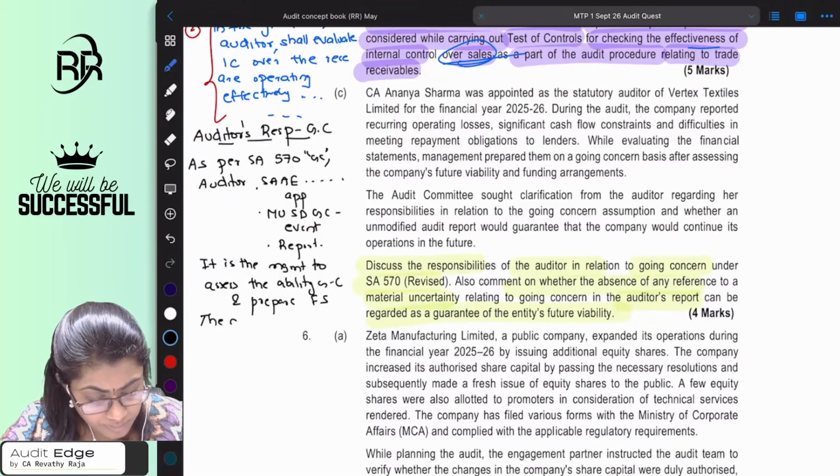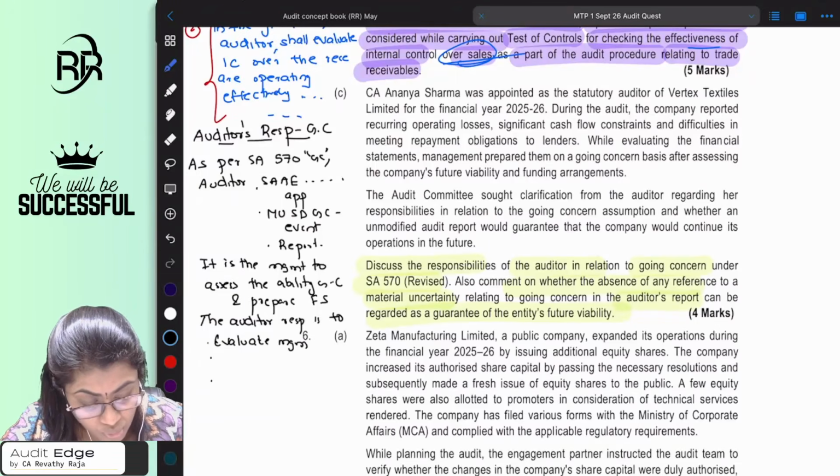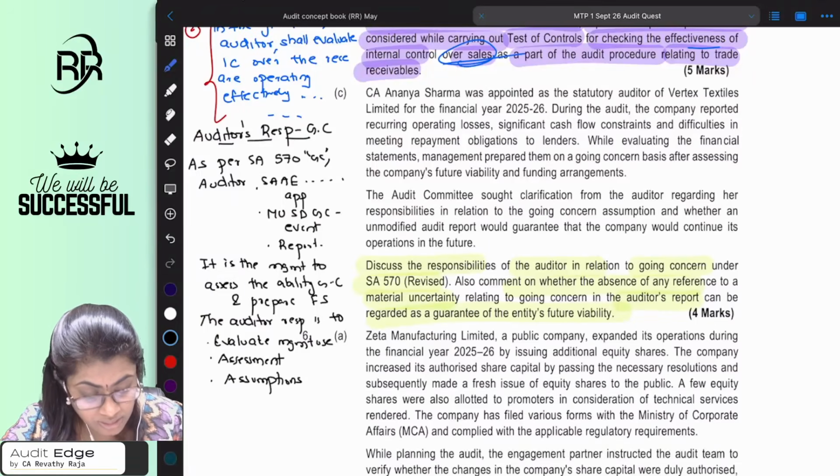The auditor's responsibility is to, I'll just write the keywords, evaluate management's use of going concern, check the assessment of going concern, management assumptions of going concern.